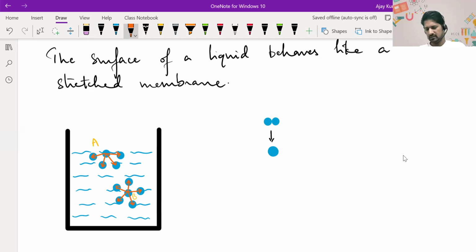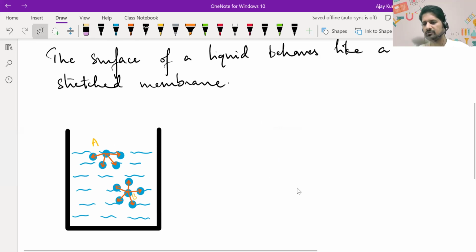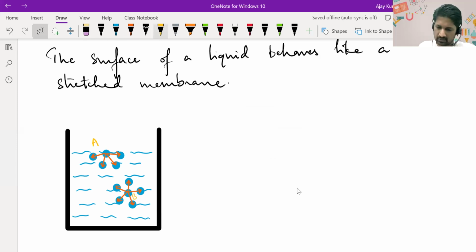So you all tell me, relatively, which of these molecules is stable, A or B? Is the surface molecule more stable or the molecule in the bulk of the liquid more stable? B is more stable because it is surrounded by its friends on all sides. A has friends only on one side; on the other side it is exposed. So A is kind of restless or unstable, you can say.